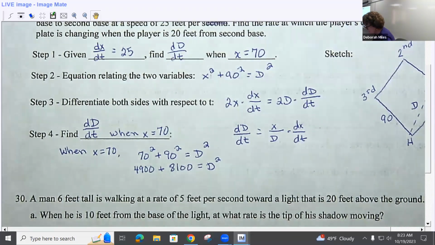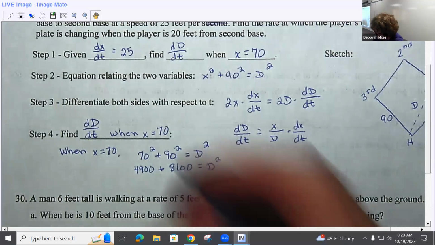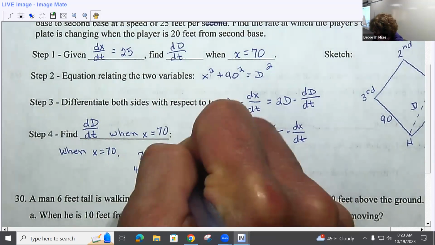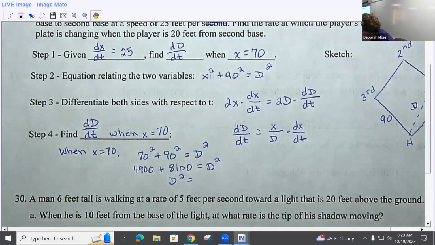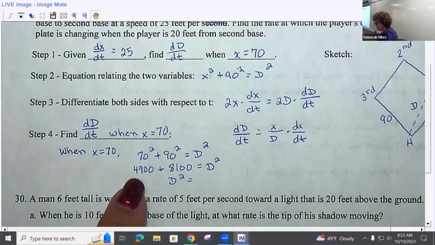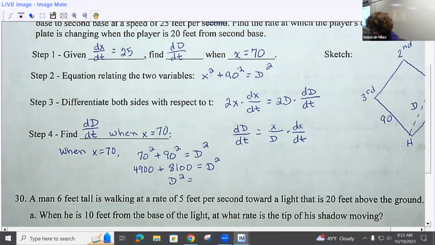Or d squared equals 1,300. Did I not have enough zeros? That is almost 5,000 and 8,000. Yeah, 13,000, not 1,300.